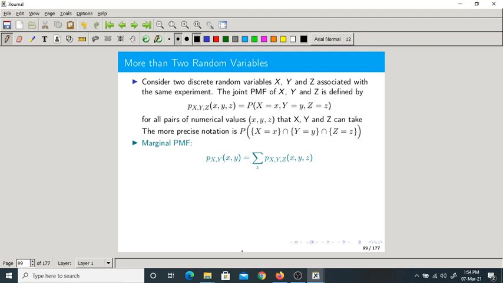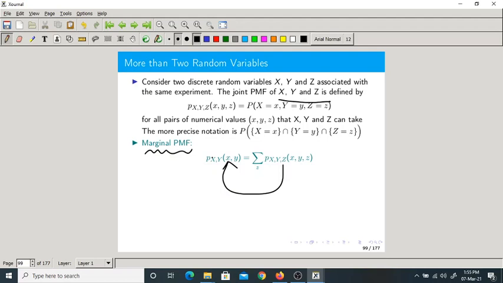In the last classes we have seen how to get the marginal PMF from the joint PMF of two random variables. Now here we have three random variables. How to get the marginal PMF? First, we convert three random variables into two random variables, and later I will make two random variables into one.